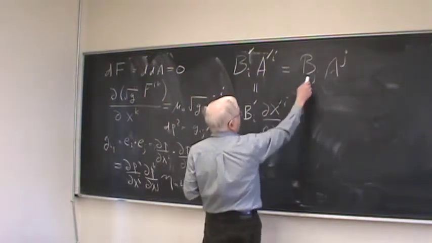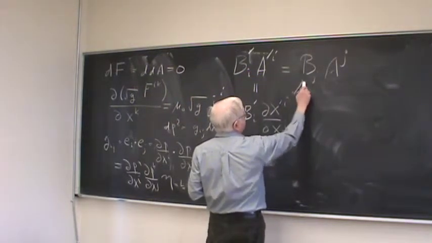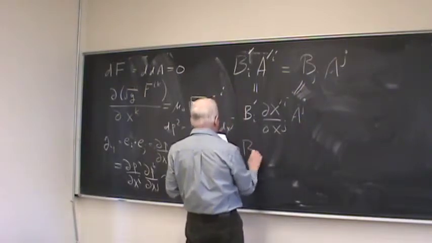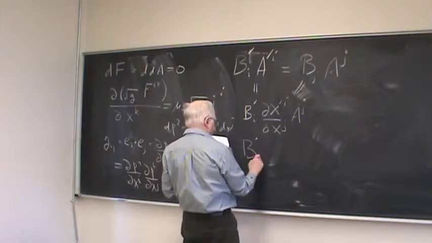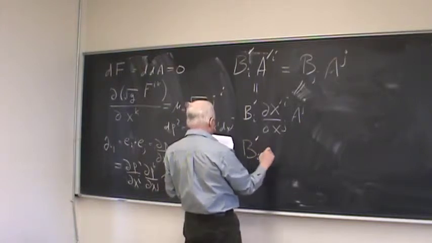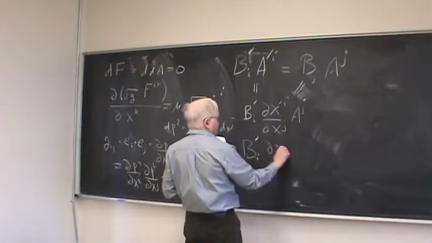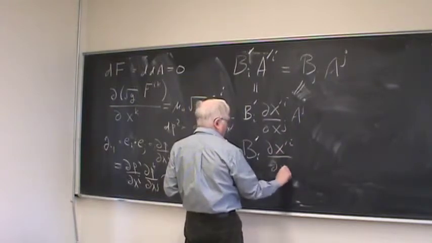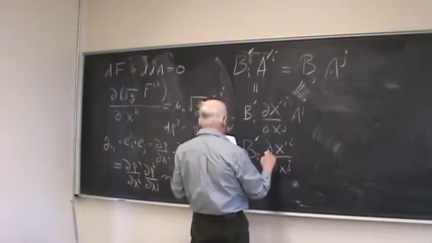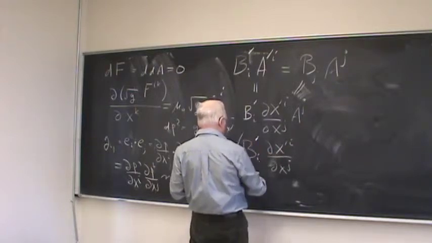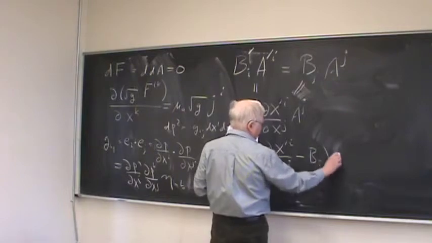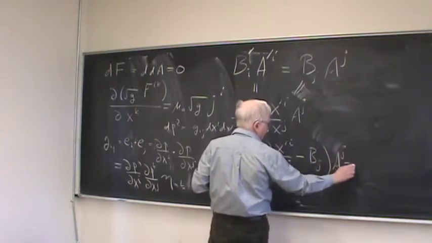And now we set this equal to that by hypothesis, and so we have B prime i, partial x prime i, partial x j, minus b_j A^j equals 0.